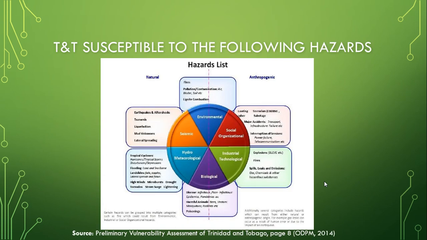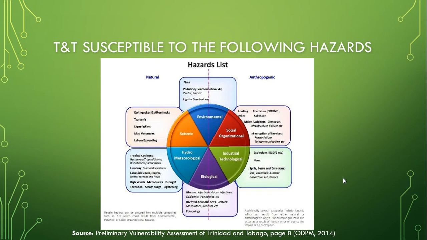Now here we have a chart courtesy of a preliminary vulnerability assessment for Trinidad and Tobago compiled by the ODPM in 2014, that summarizes a number of different types of hazards that Trinidad and Tobago is susceptible to, or in other words, vulnerable to.